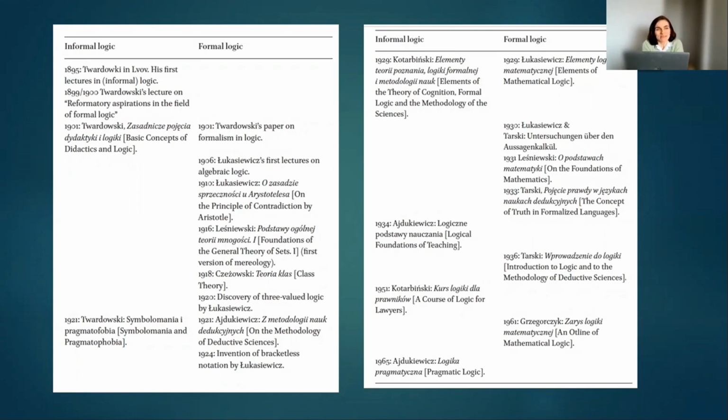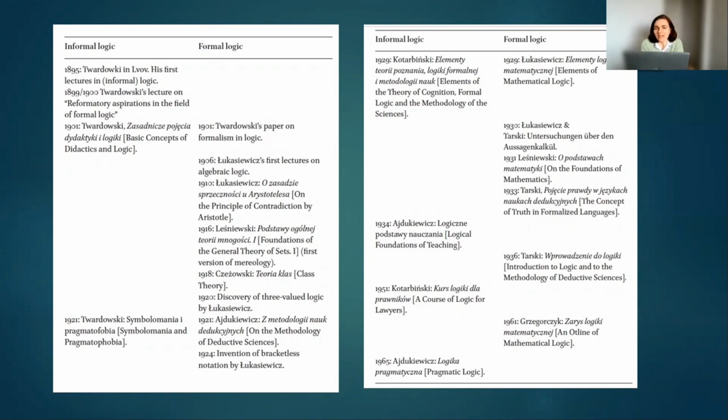In this paper, Twardowski criticized the overuse of formal methods, because he was afraid that his students would start to play with symbols without any reference to reality. He was afraid they would forget how to apply logic to philosophical problems and to ordinary thinking, which was all the time very important to Twardowski.